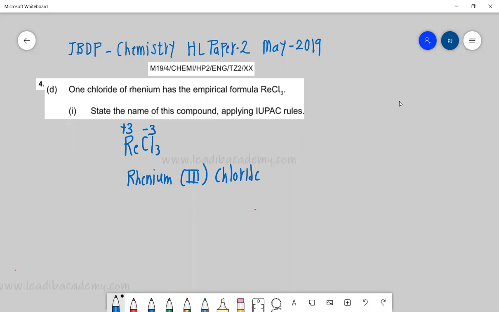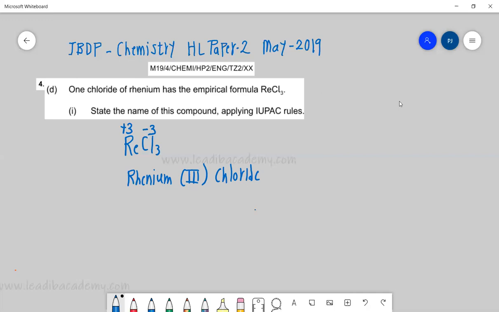Typically, when transition elements can exist in variable oxidation states, it is a practice to mention which chloride. That's why it has to be written in brackets, so that we come to know that we are referring to +3, because it can be +2 also, or it can be +5 also, etc. So just by looking at the bracket, we can differentiate various chlorides or various oxidation state compounds.